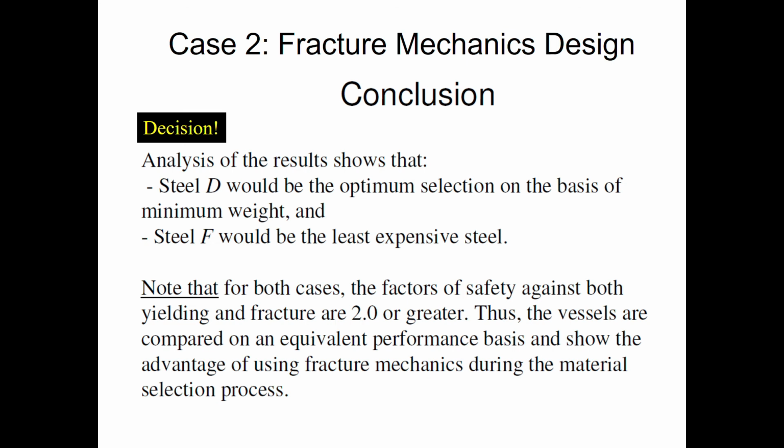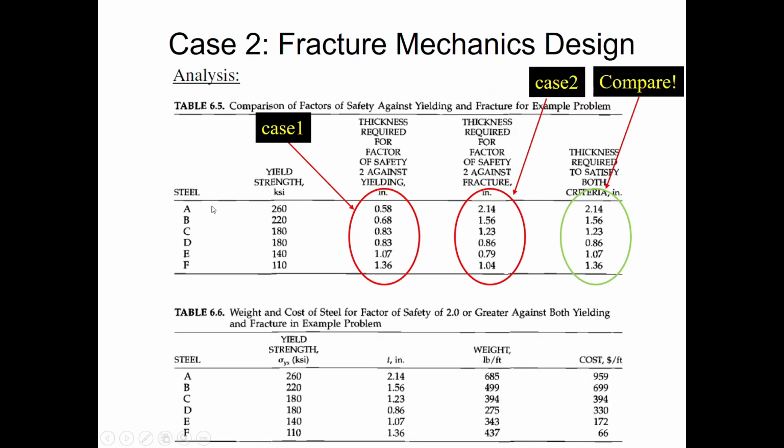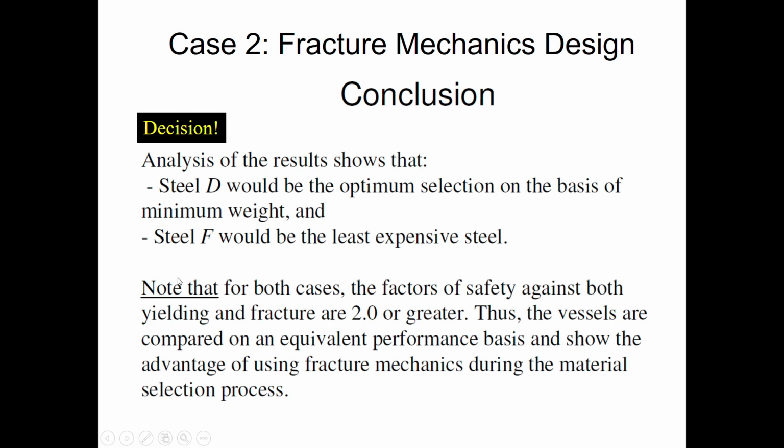Either they want a lower cost of manufacturing, or they want a minimum weight, based on the requirement. But you can give them several options. Like in this case, you have 6 types of steel.